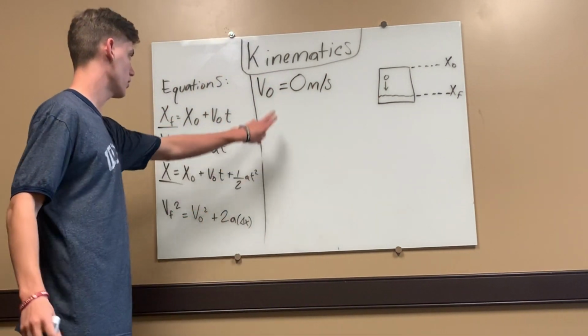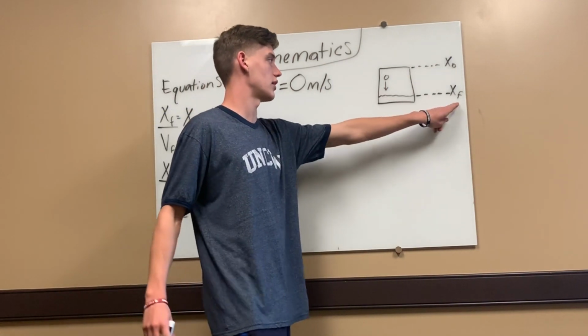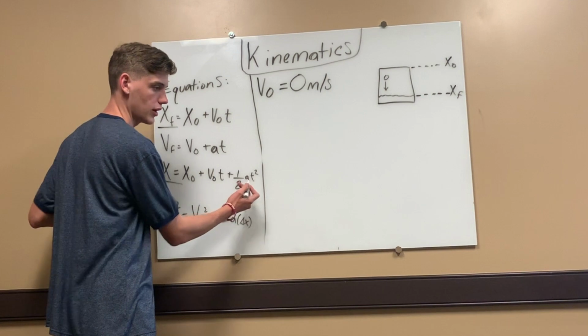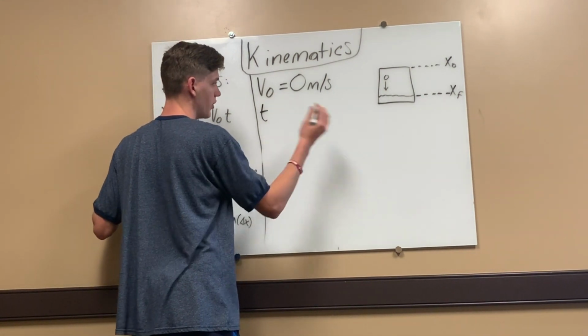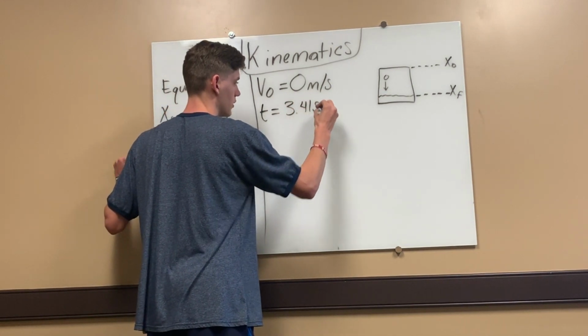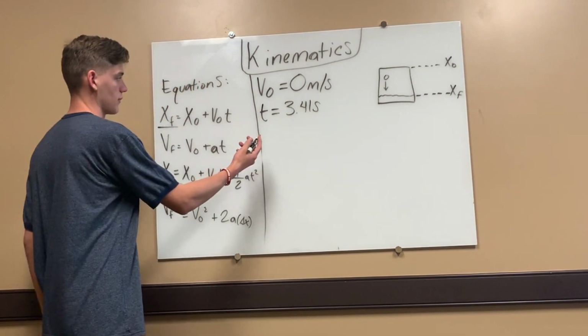So now we already have v naught, x naught, and our final x. The problem also gives us t already: the stone is dropped, and 3.41 seconds later, it hits the water.